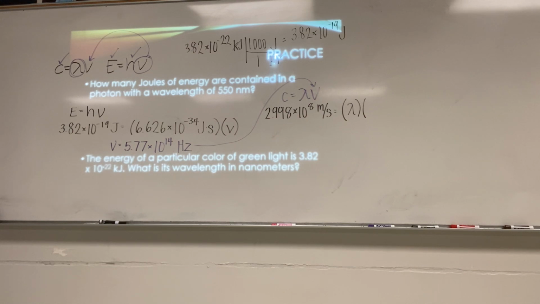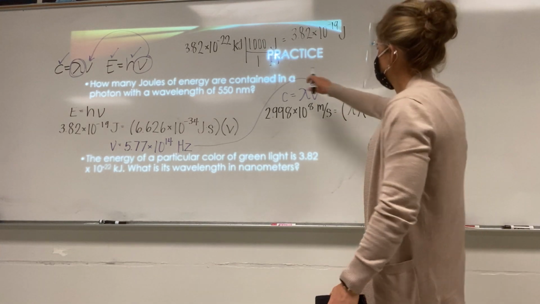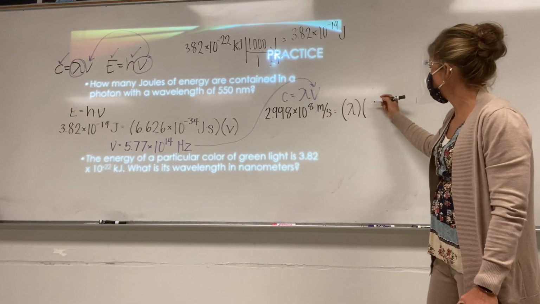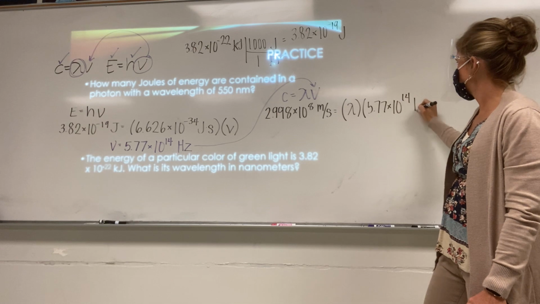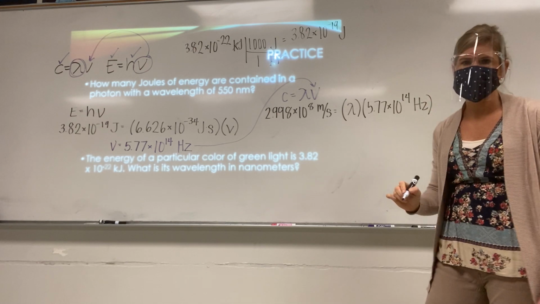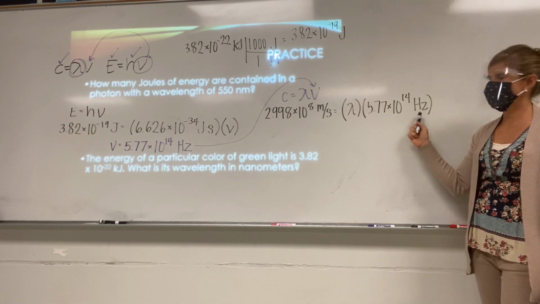I do know my frequency, so let me plug that in. I can plug in my frequency that I solved for, 5.77 times 10 to the 14th hertz. Now can I solve for wavelength?